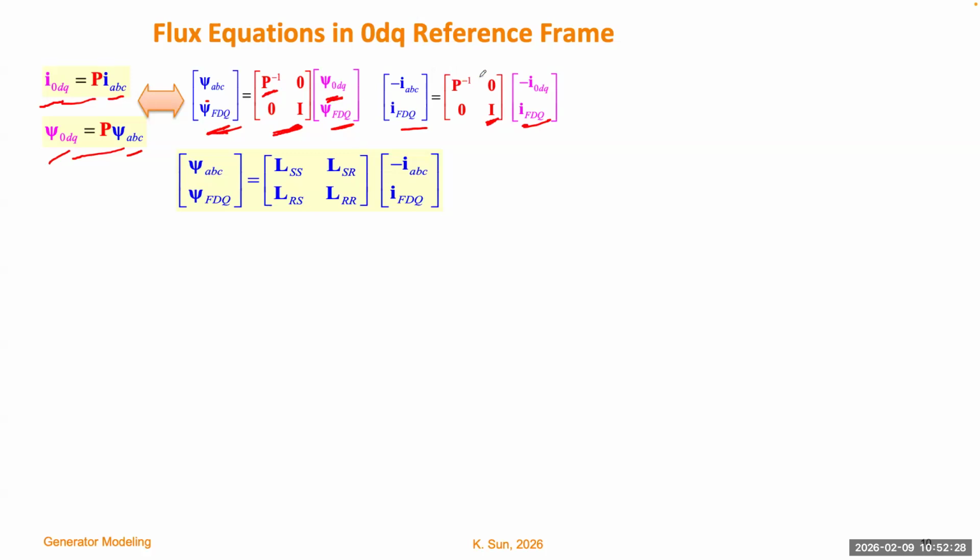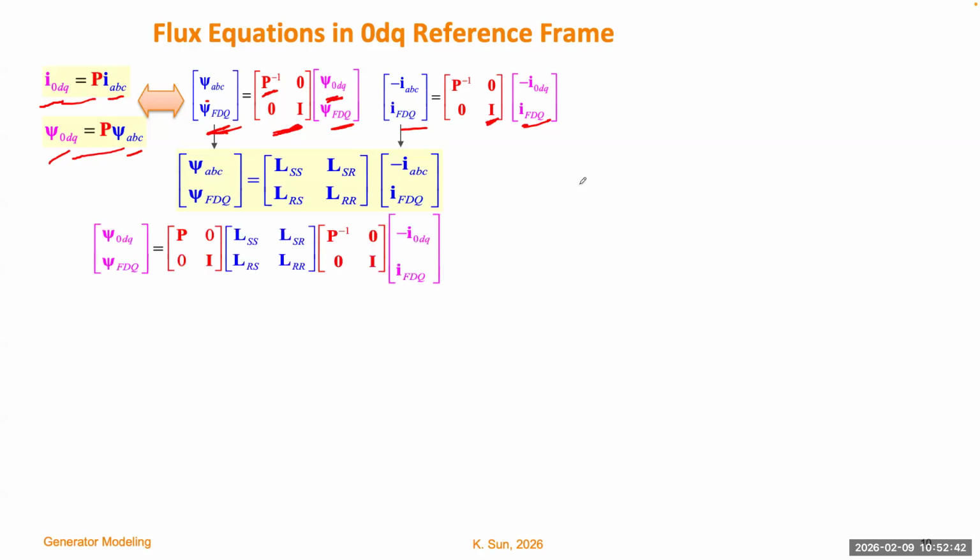Next, we plug those two equations into the original flux linkage equation to replace the original flux linkage vector with the transformed vector. Then we make some simplification. So this is what we have.